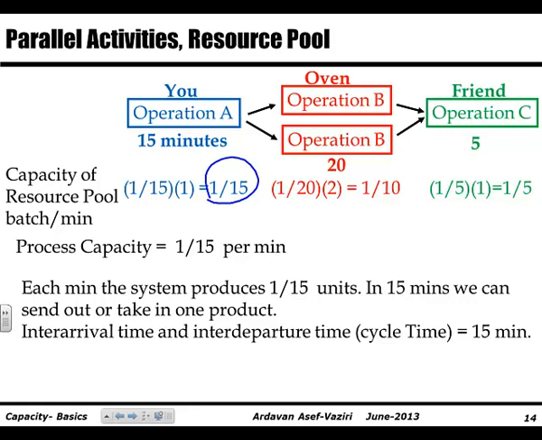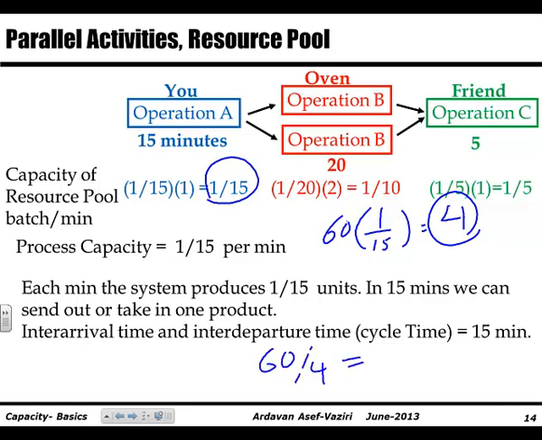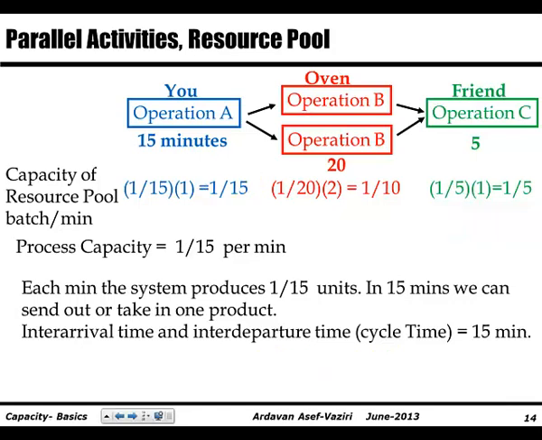Or you may say capacity is 1/15 per minute, so it is 60 times 1/15, which is 4 per hour. 4 per hour, an hour is 60 minutes, divided by 4 is 15. Every 15 minutes, 1 unit of product. By having 2 ovens, flow time remains the same.